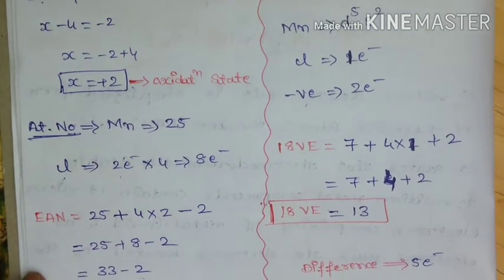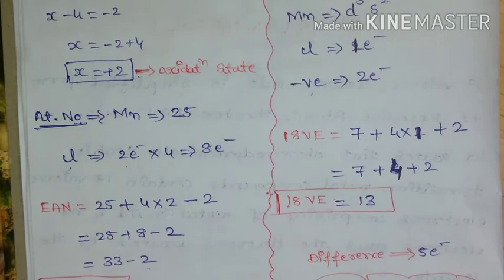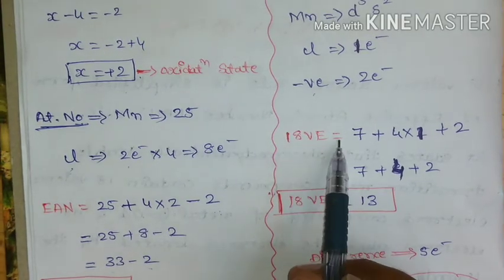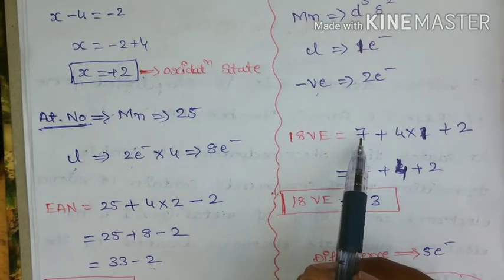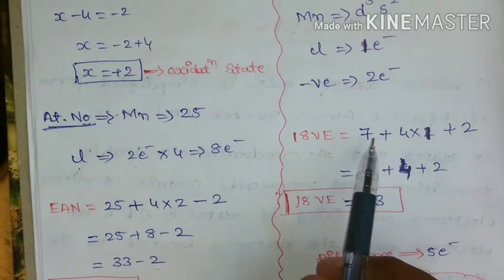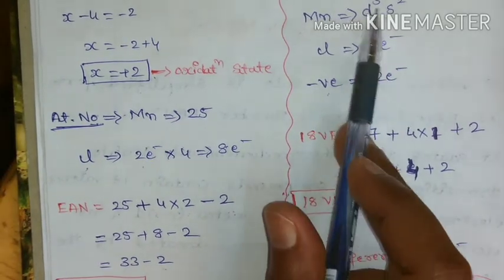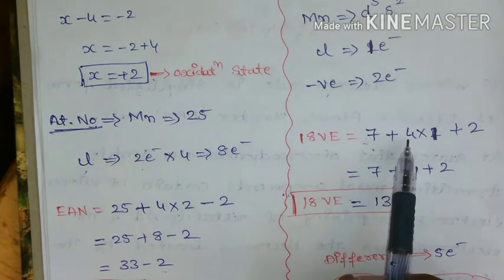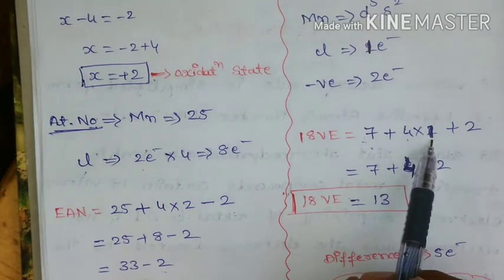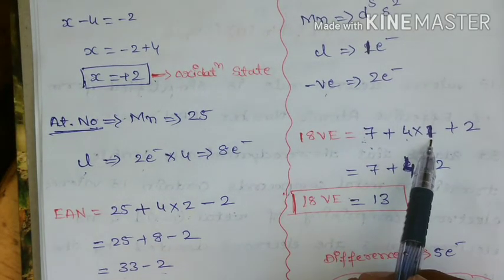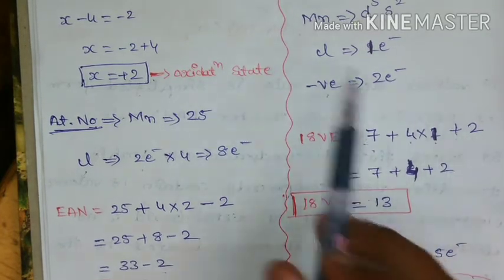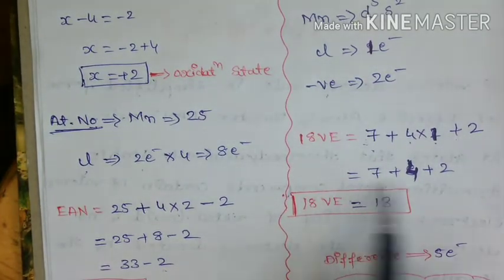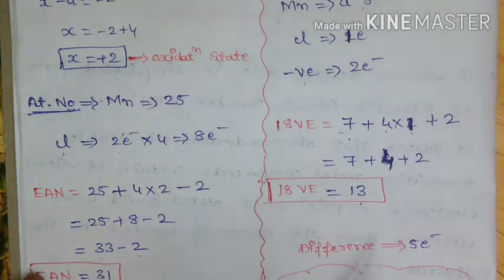By substituting these values, the 18 valence electron count is equal to the number of electrons in the (n-1)d and ns orbitals, that is 5 plus 2, 7, plus the number of ligands, 4, times the electron donated, 1, plus 2 for the negative charge. So we get 13.